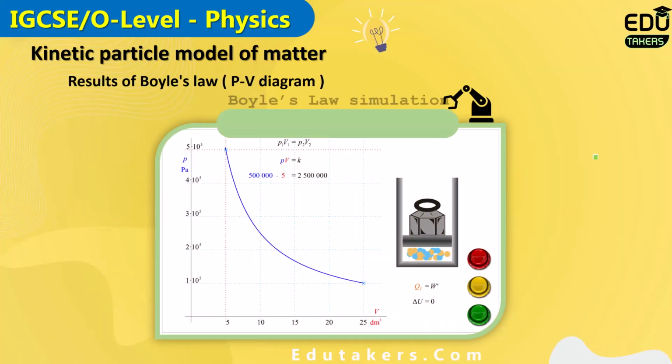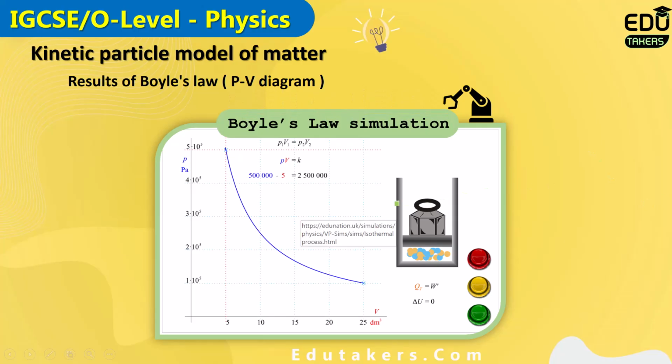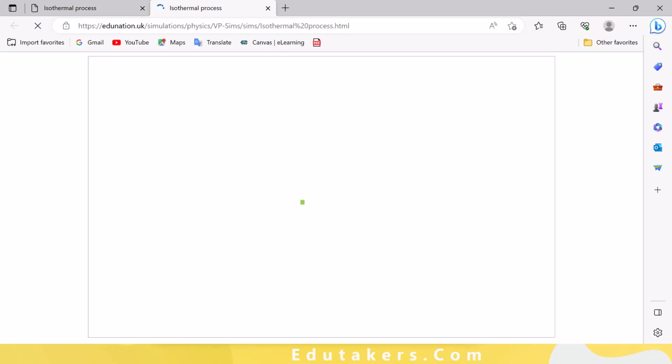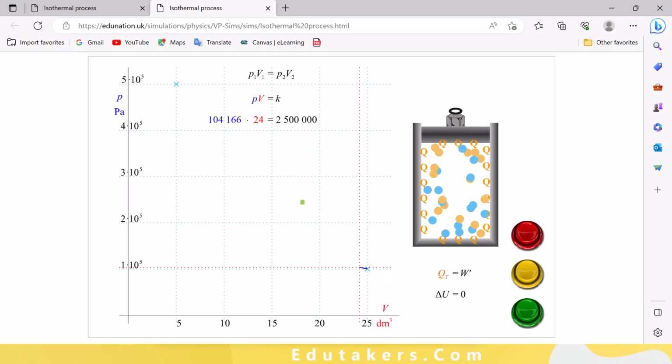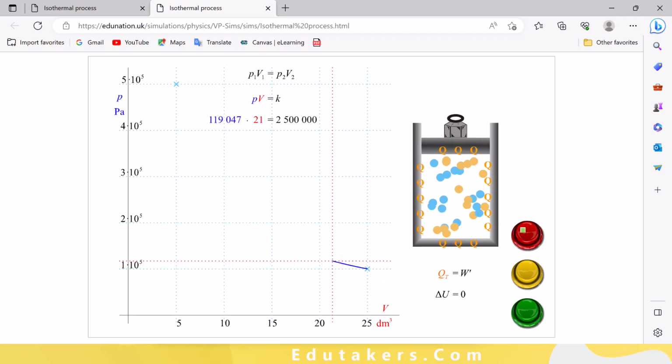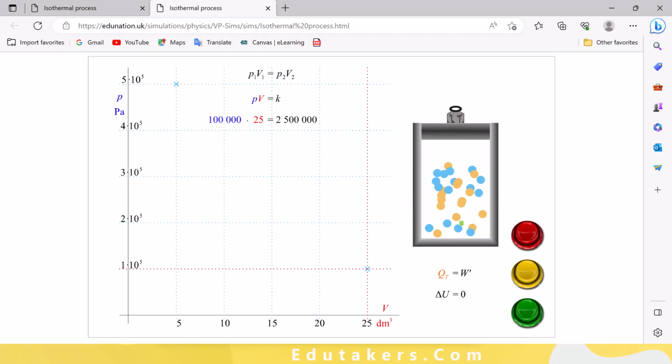You can see here is a simulation related to Boyle's law. Let's open this. So let's start this. First of all, I pause the system.